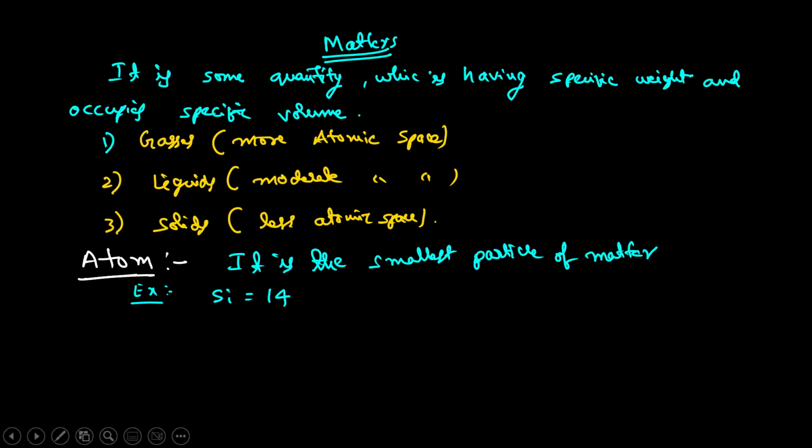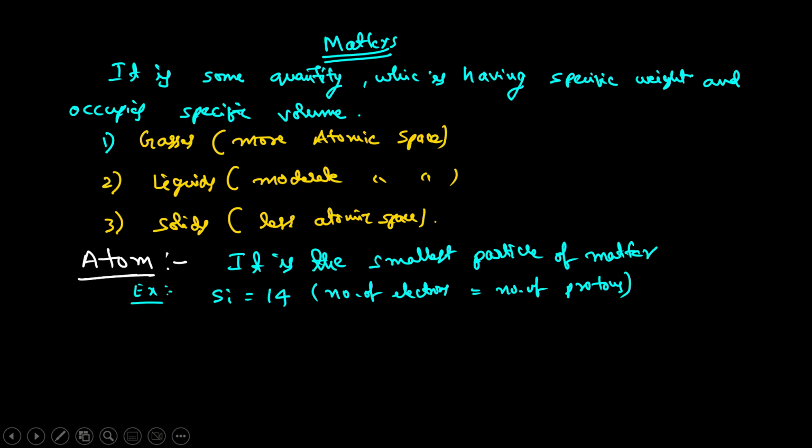The atomic number explains the number of protons or the number of electrons. So in any atom, the number of electrons is equal to the number of protons. Both should be equal. Positive charge is equal to negative charge. Silicon has 14 electrons, so that's why the atomic number is 14.